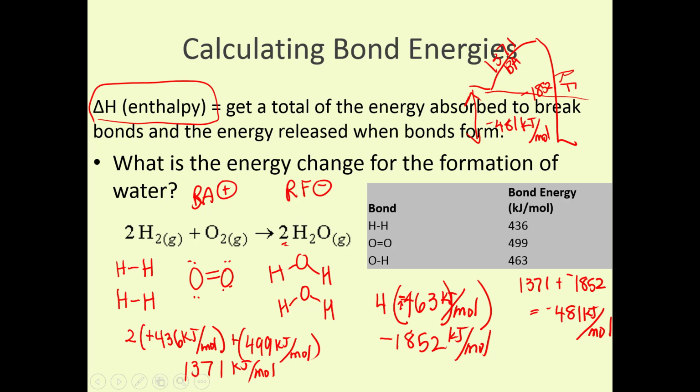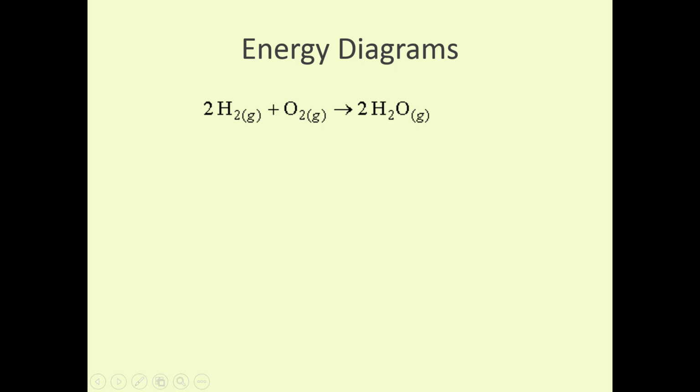But to calculate, here's all of the energy we have to add in to break that. Here's all the energy that gets released when the new bonds form. And I calculated that. And so we can say that on this side of the reaction, there's going to be 481 kilojoules per mole. So I'll just leave this kilojoules per mole of energy.